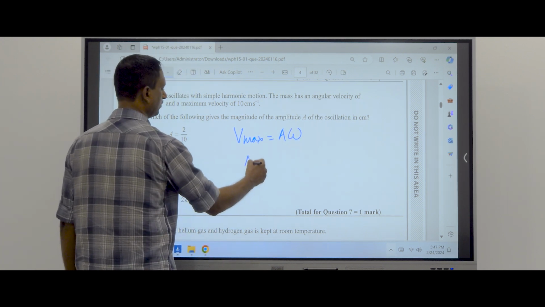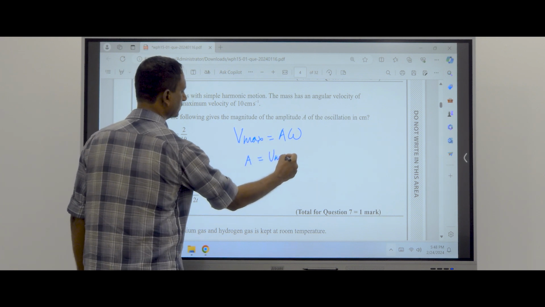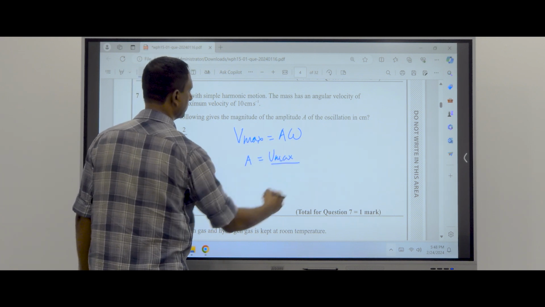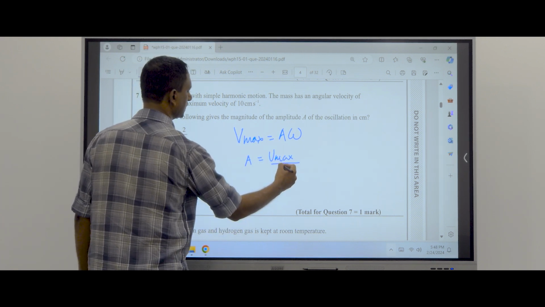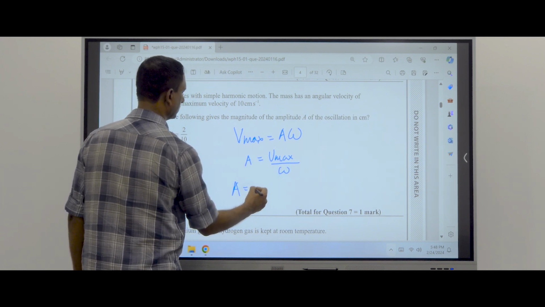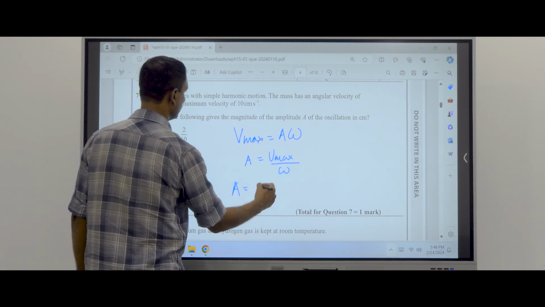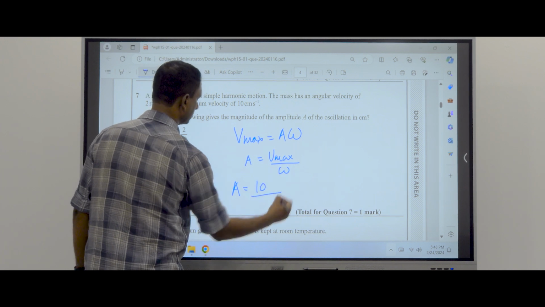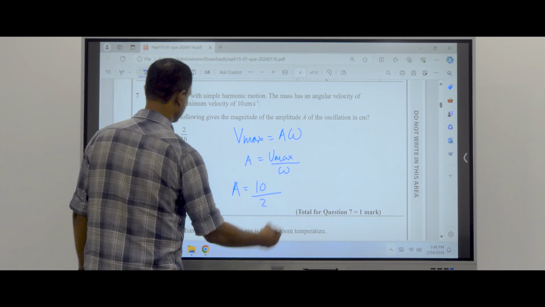Then A is equal to V max divided by omega. V max is given as 10, omega is 2.